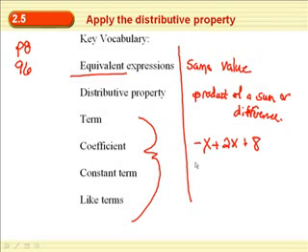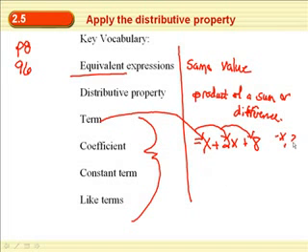First off, the terms are what makes up this problem, and they're separated by your addition signs and subtraction signs. This problem has 3 terms: the first, the second, and the third. So the terms are negative x, 2x, and 8. Basically, it's what makes up the problem.